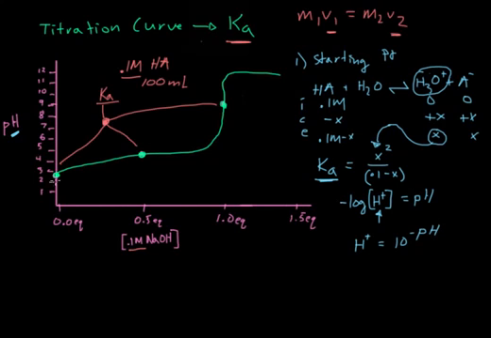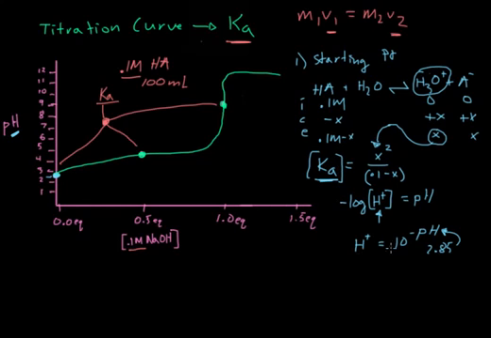In this case, that pH right here looks to be about 2.8 or 2.9. So let's just call it 2.85. Plug that in. We'll get some H value. Plug that in for X, and we'll get some Ka value.